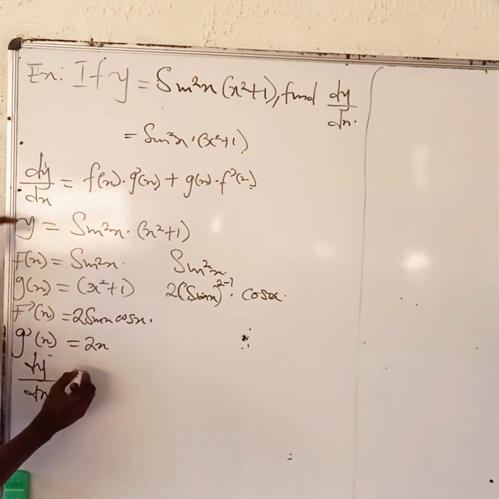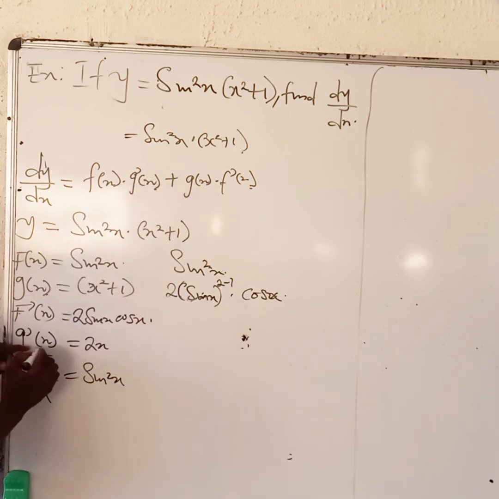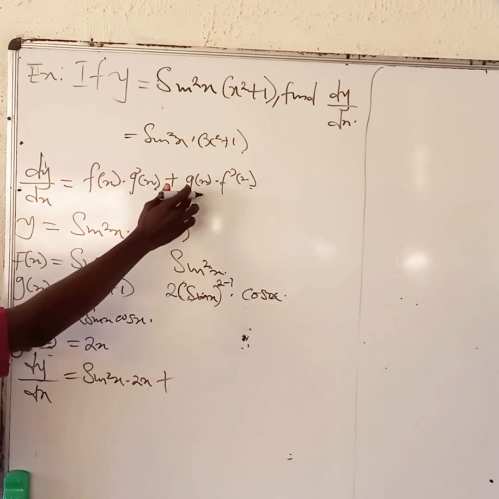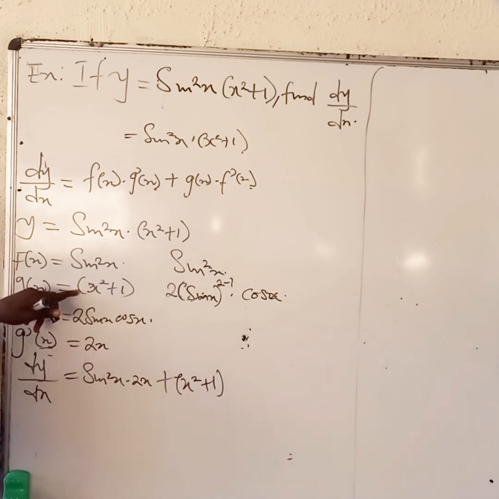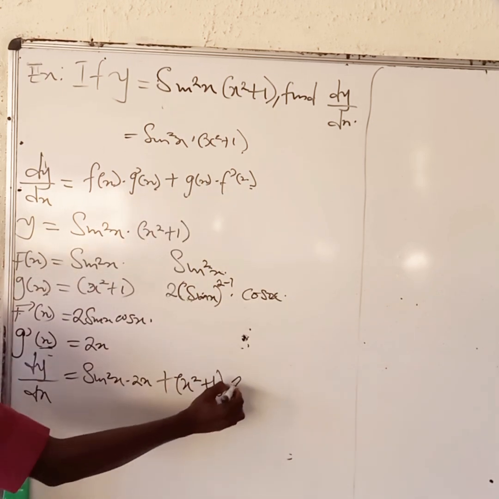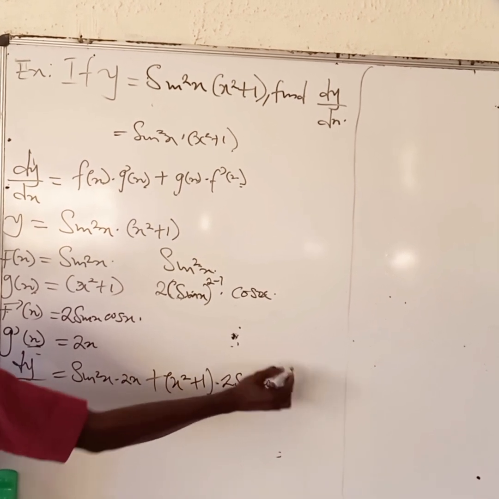Sine squared s multiplied by what is g prime of s? 2s, plus what is g of s? s squared plus 1, multiplied by what is f prime of s? 2 sine s cos s.